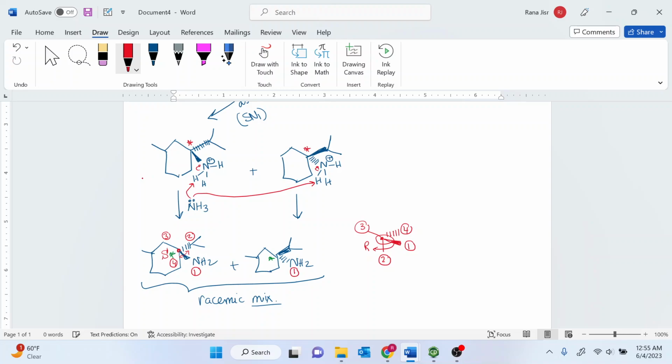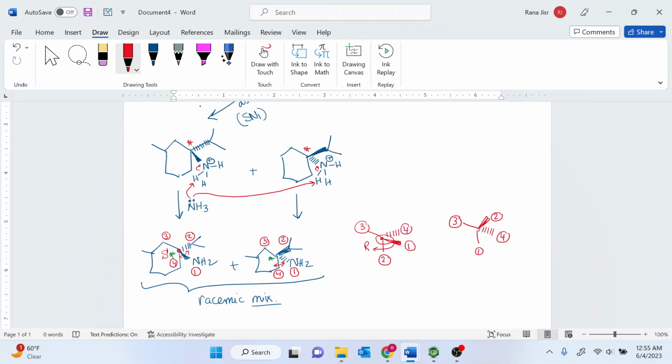Let's do the second one. This is priority number 1, this is 2, this is 3, and this is 4. We can go ahead and switch 1 with 4 and make 1 be in plane. So we're making 1 in plane, and then we're making 4 behind, and then 2 is going to be in front, and then 3 is going to be in plane.